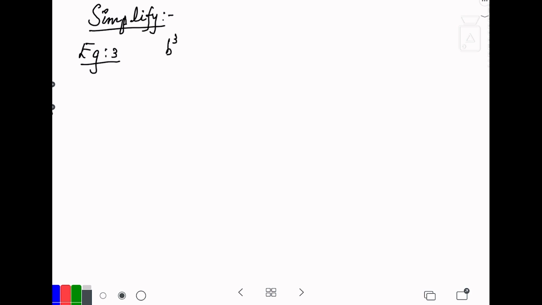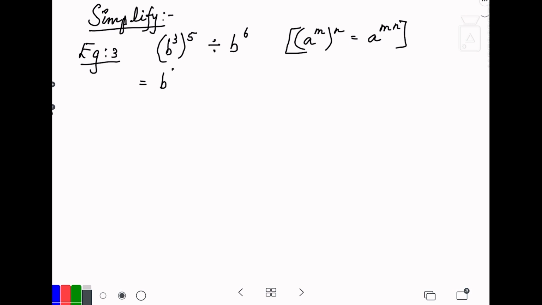B power 3 to the power of 5 divided by b to the power of 6. Here I am going to use the third law of indices, which I told you. A power m to the power of n can be written as a to the power of mn. I hope you remember I told you whenever a power of power comes, you have to multiply. So based on that, this is going to be b to the power of 3 times 5, divided by b to the power of 6.